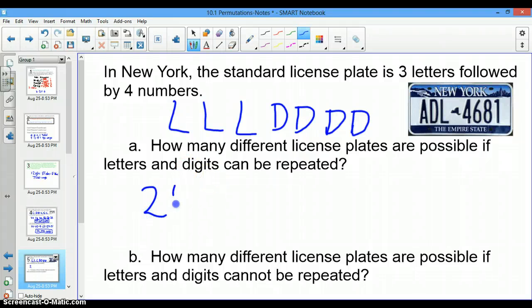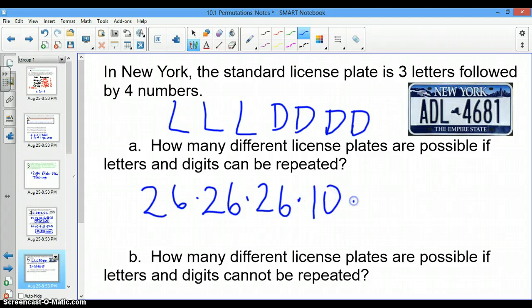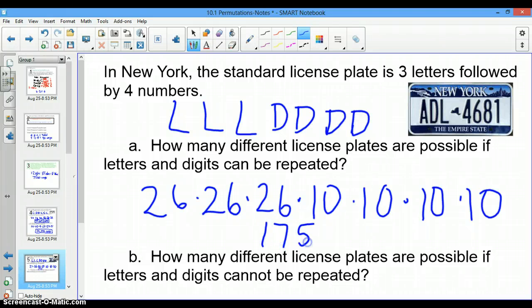So we have 26 letters times 26 letters times 26 letters. And then there's 10 digits from 0 through 9, so these will all be 10 because those numbers could be repeated. When we multiply those together, we get 175,760,000.